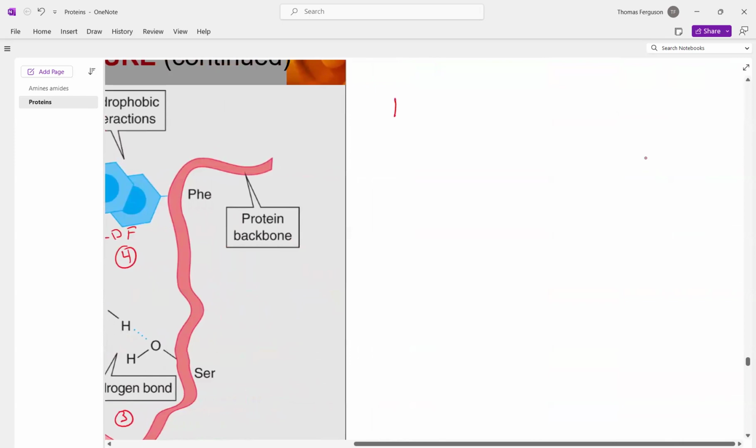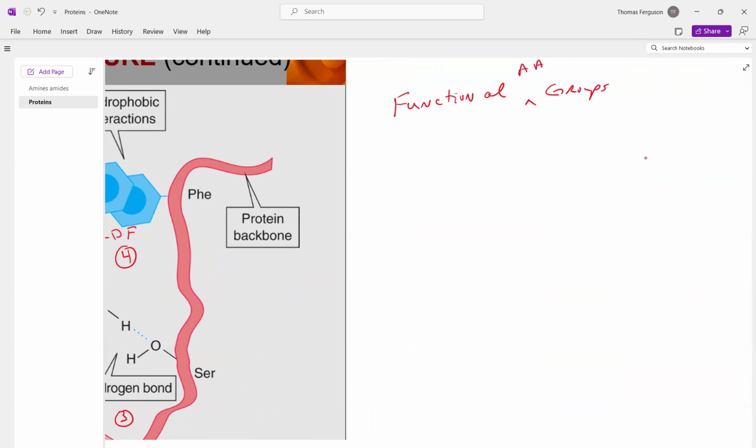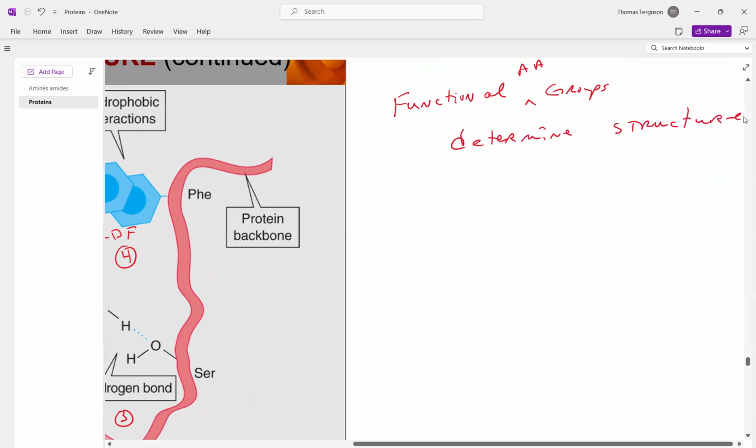So we have the functional amino acid groups determine the structure and how those functional groups interact with one another through our different kinds of IMFs, including covalent.